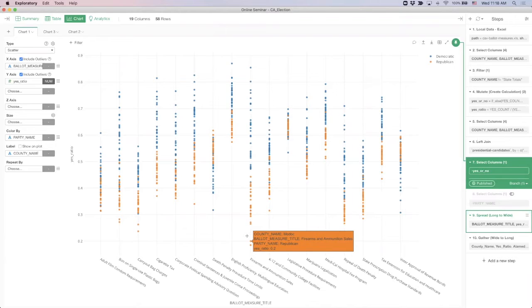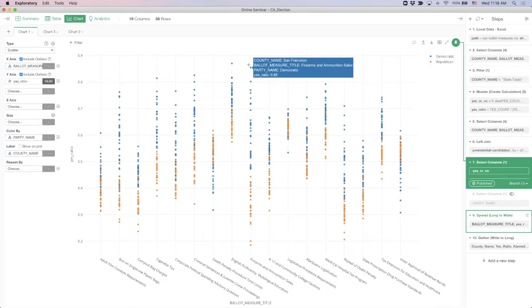This is a county in a mountainside area, so there are probably more people who love hunting and so on. And San Francisco is like only 15% said no, and 85% said yes, let's make it harder to buy guns.